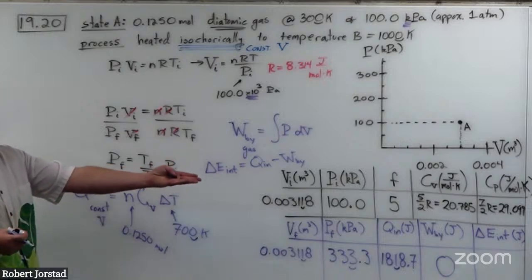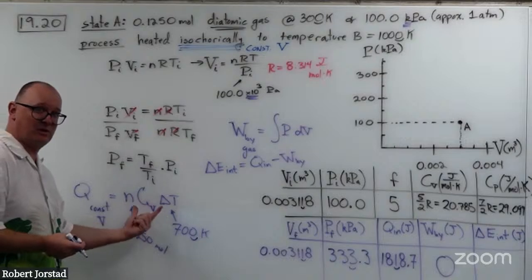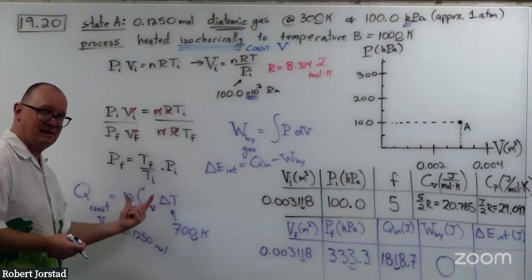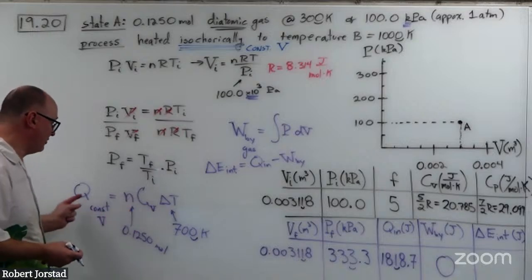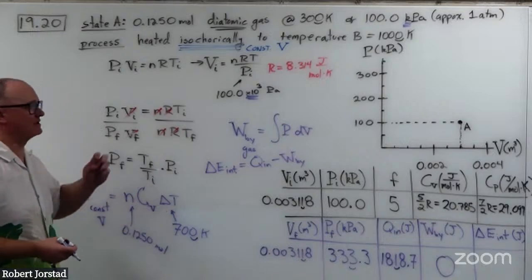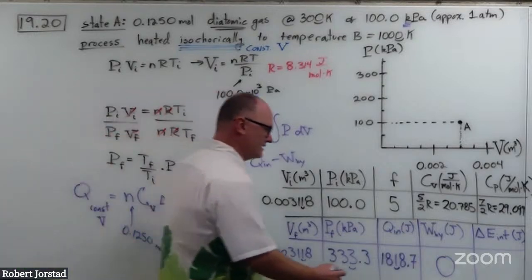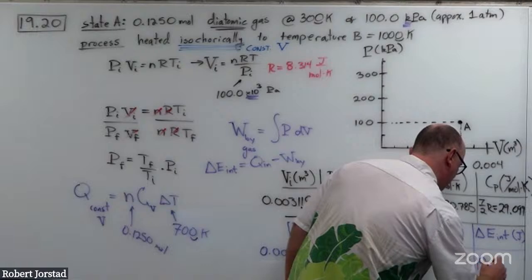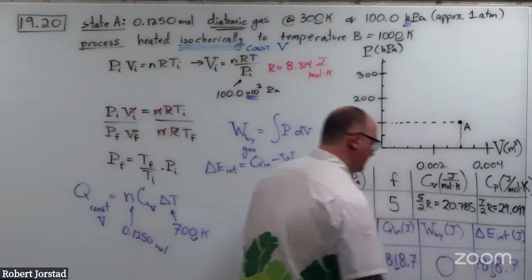This also works here. So you could have just said, oh, I know this is the change in internal energy, because that's true for any process, isochoric or not. The change in internal energy is always given by this, right? Assuming we're in one, okay, whatever. All right. So here, this is just 18.7, third sig fig rounding.